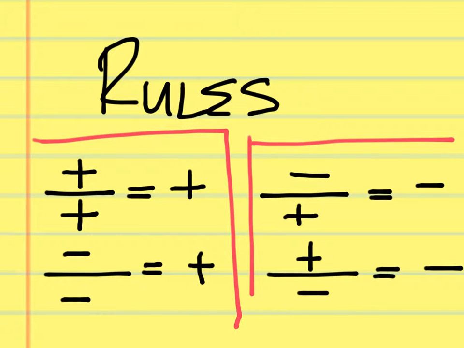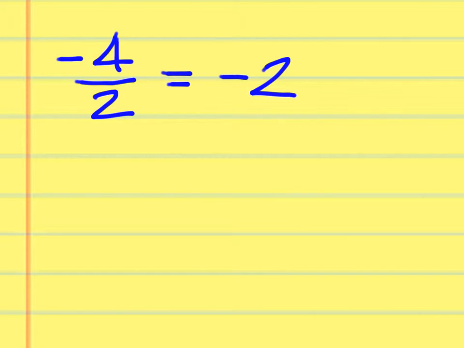Bailey, if the signs are the same, what's the answer? Positive. Bivens, if the signs are different, what's the answer? Oh, where'd he go? Oh, he went to the office. Okay. If I had a negative 4 divided by 2, what would the answer be, Kinsler? Answer would be negative 2.